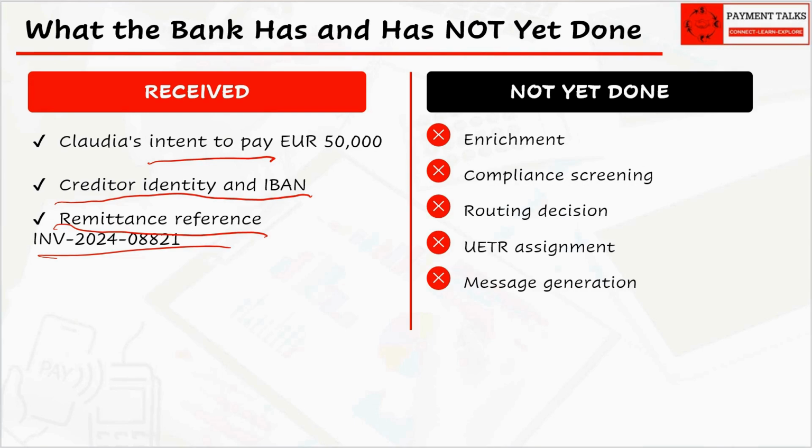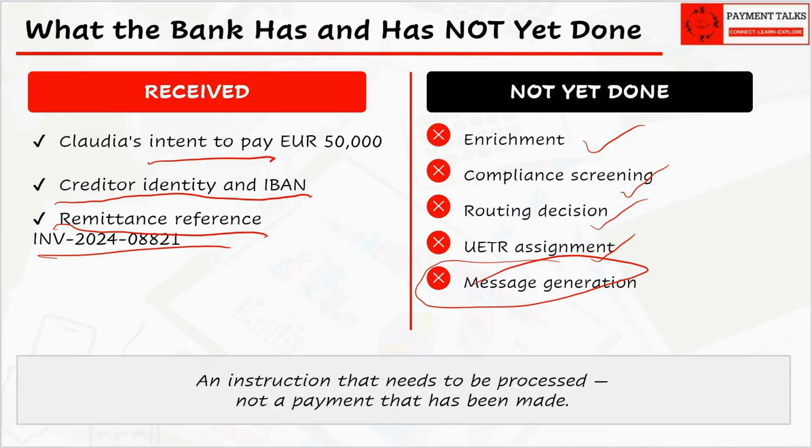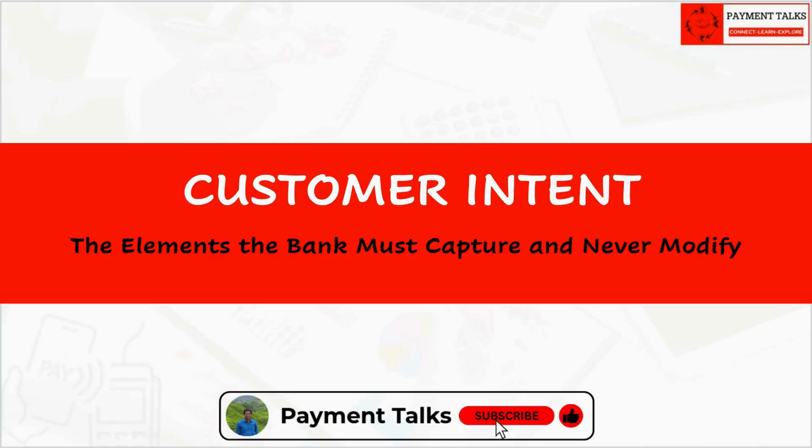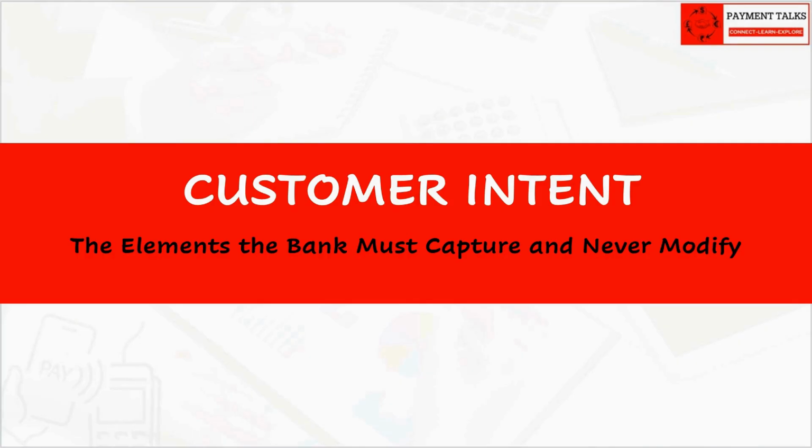No enrichment has happened, no compliance screening has run, no routing decision has been made, no UETR has been assigned, no pacs.008 exists. What the bank has is an instruction that needs to be processed, not a payment that has already been made. Before we talk about formats, channels, or system architecture, we need to establish something fundamental.